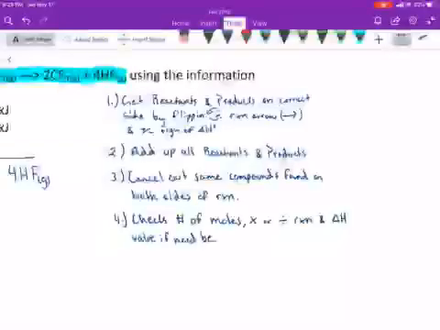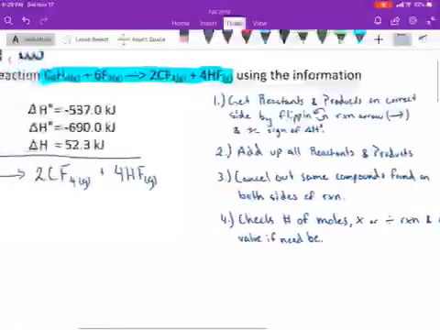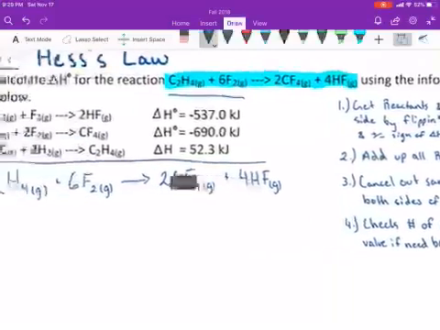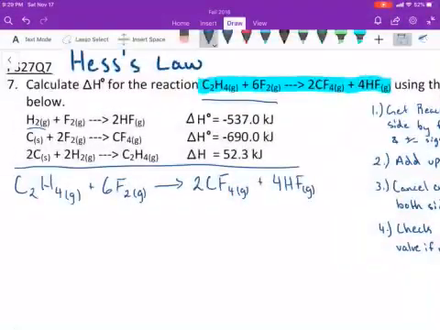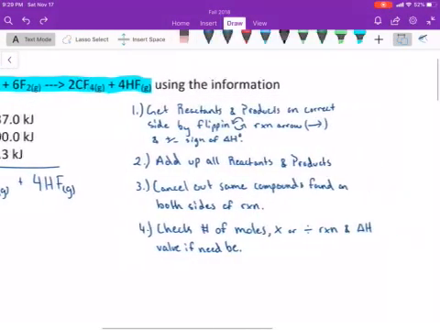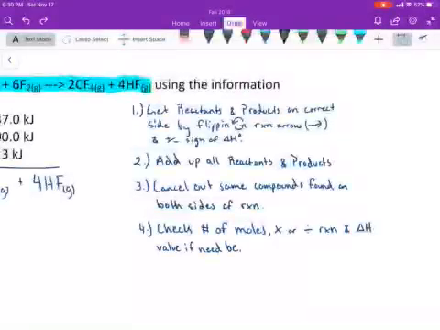So reactants on the reactant side, and same with the products on the correct side. And remember, we flip the arrow and we flip the sign of the delta H value. And then we're going to add up all the reactants and all the products.